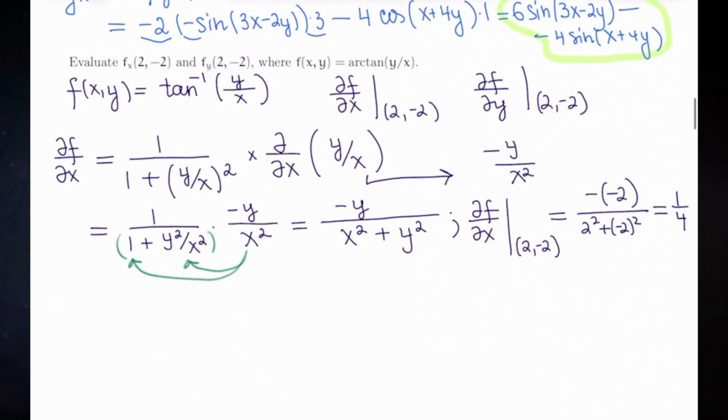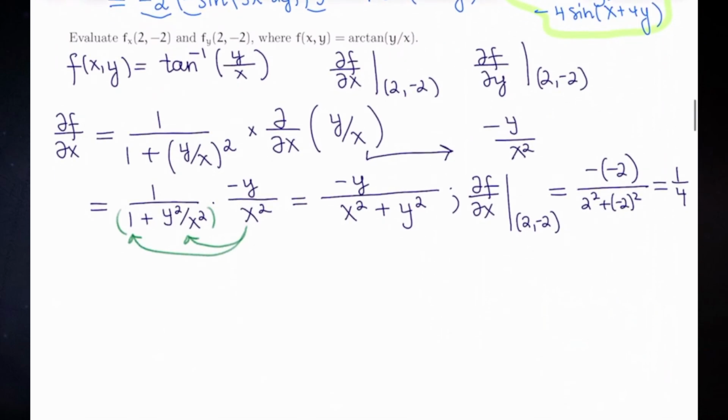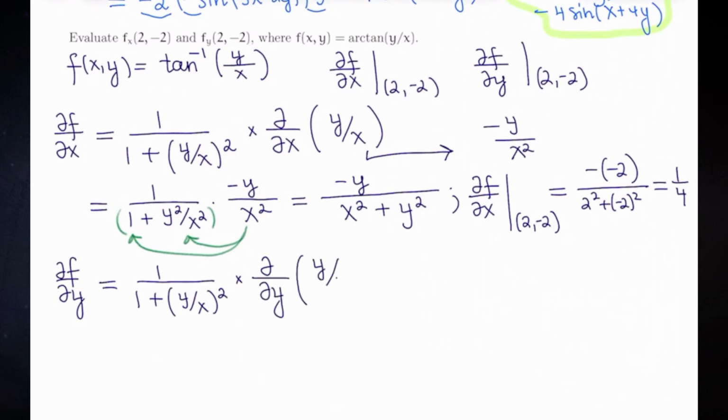Similarly, we can do this for the partial with respect to y. So this would be df/dy. Okay, same idea. The derivative of tangent inverse would be 1 over 1 plus (y over x) squared times partial with respect to y.